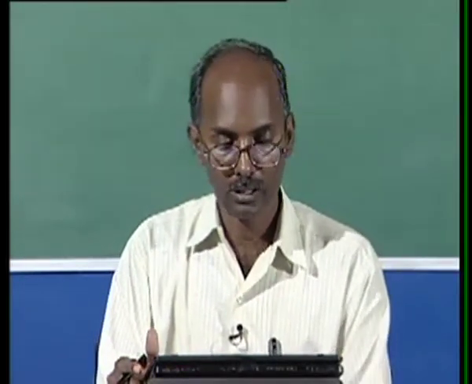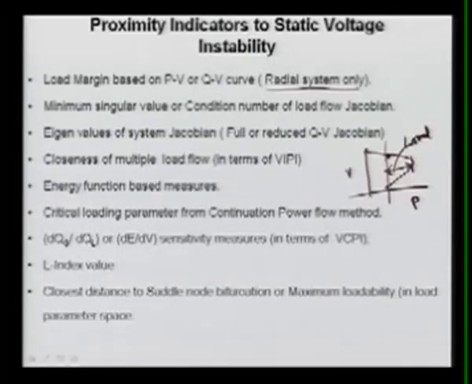Another indicator, which I have already discussed, is the minimum singular value or condition number of the load flow Jacobian. Here we can calculate the load flow Jacobian, and based on that we can calculate the sigmas.